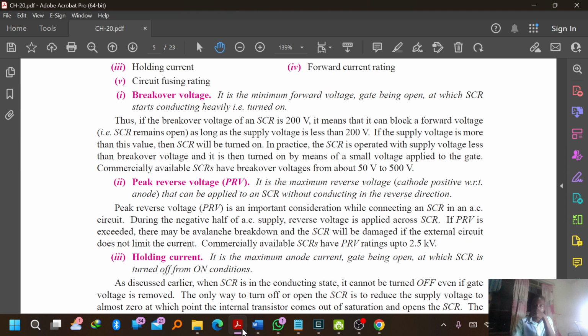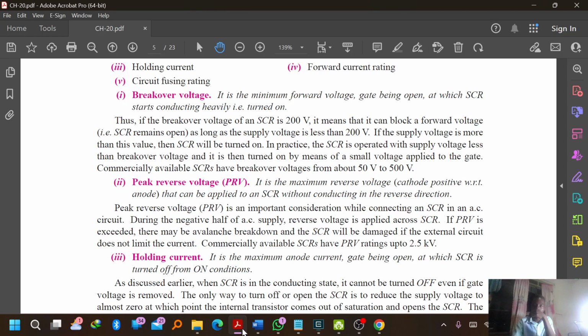The peak reverse voltage is the maximum reverse voltage, cathode positive with respect to the anode, that can be applied to an SCR without conducting in the reverse direction.